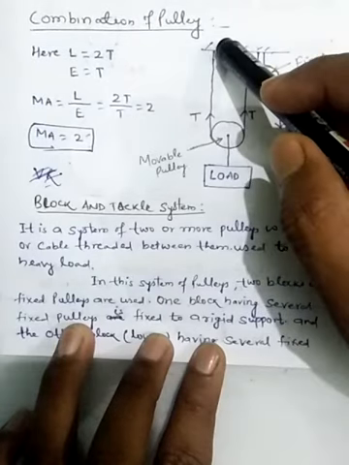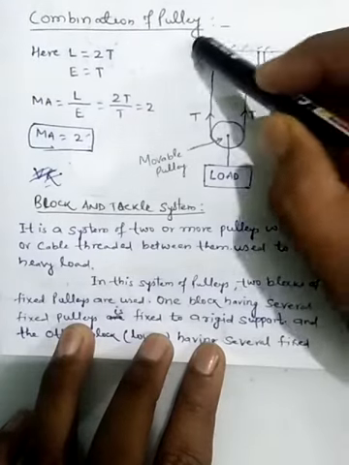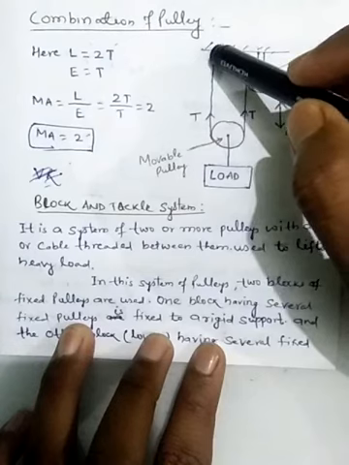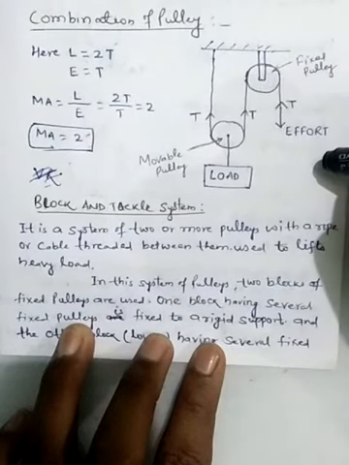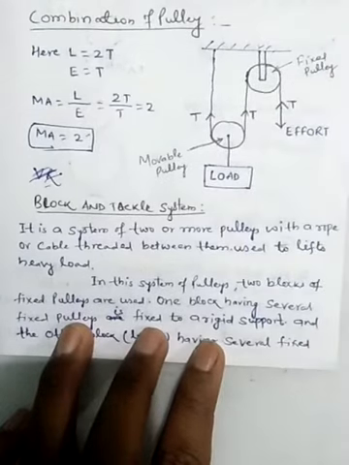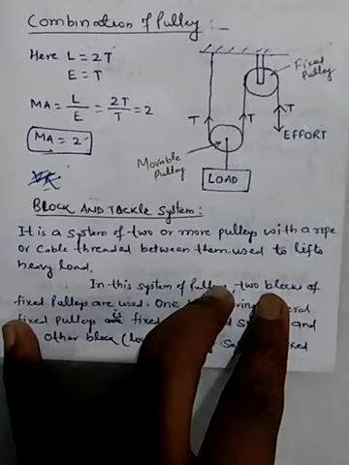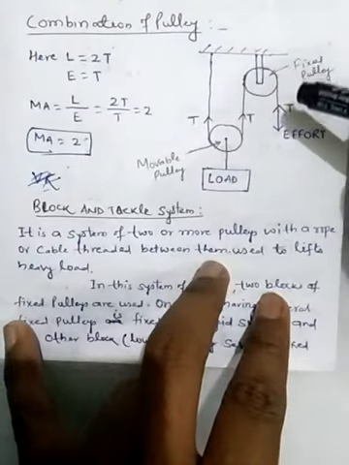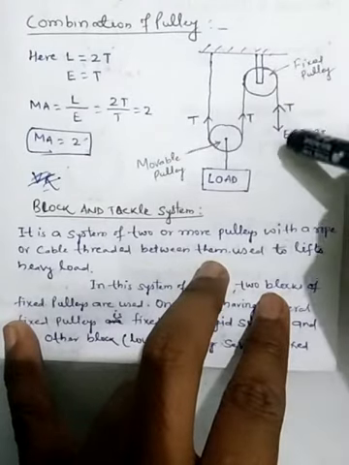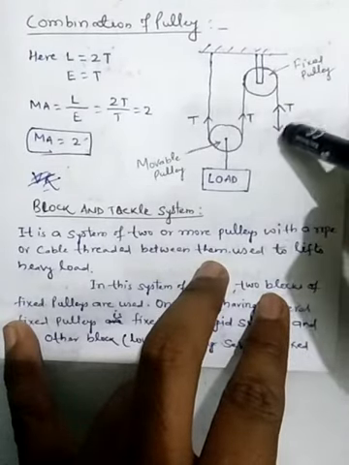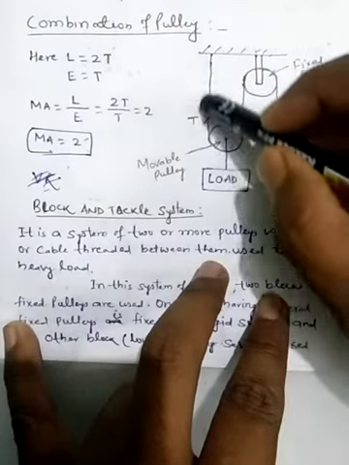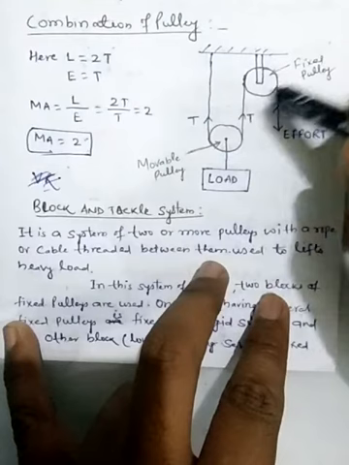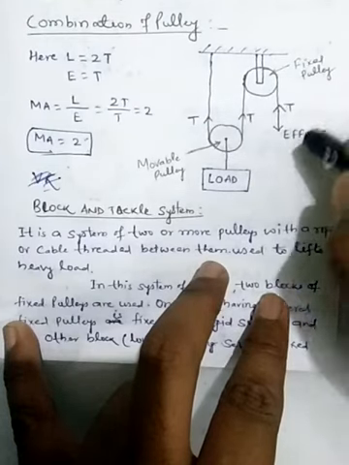One end of the string is attached to the ceiling or fixed point, and at the other end the effort is applied. As we know from the previous lecture, if the string is in a stressed condition, tension is applied all over the length of the string.